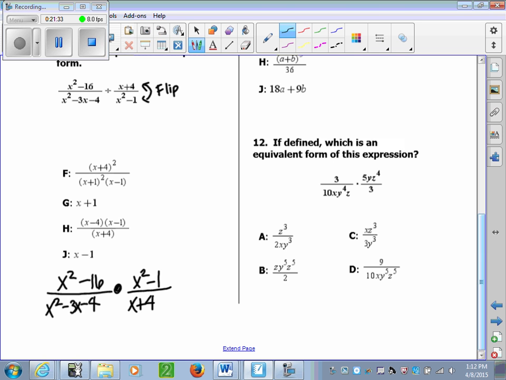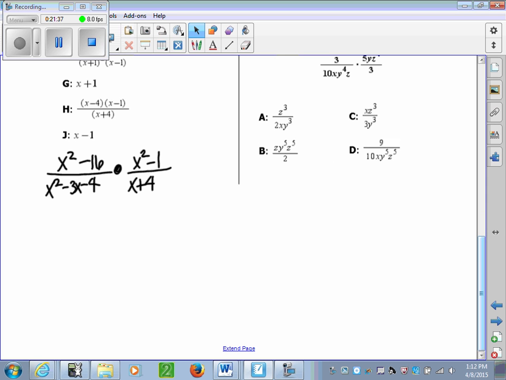All right, next I need to factor anything I can factor. Anywhere I see a quadratic, remember quadratic is where I see an x squared, I'm going to factor those terms before I even get started.